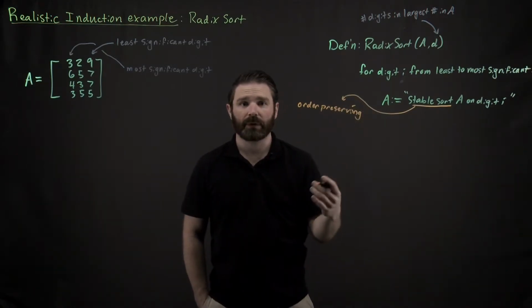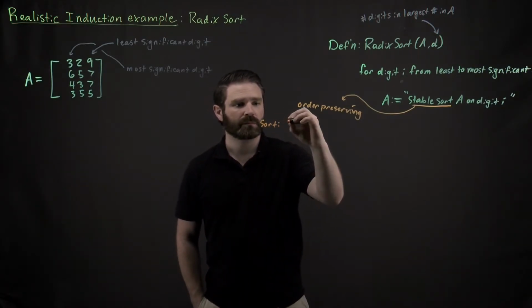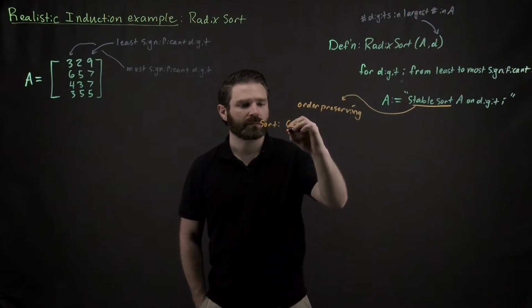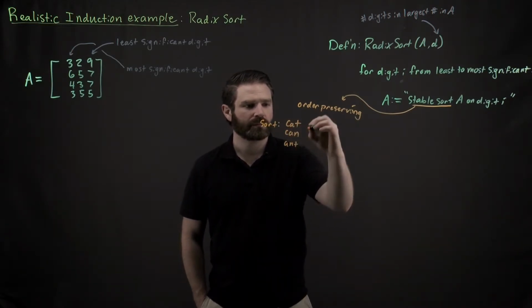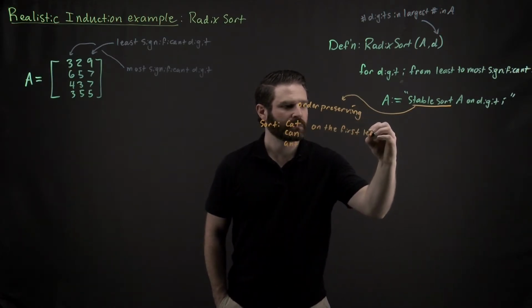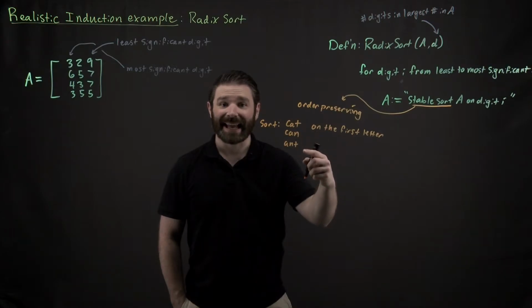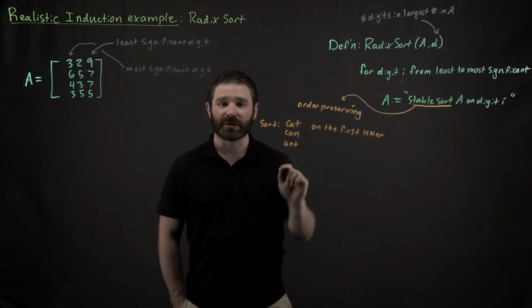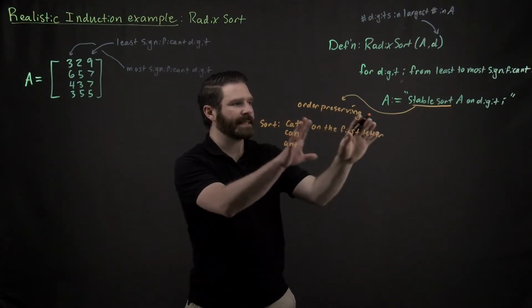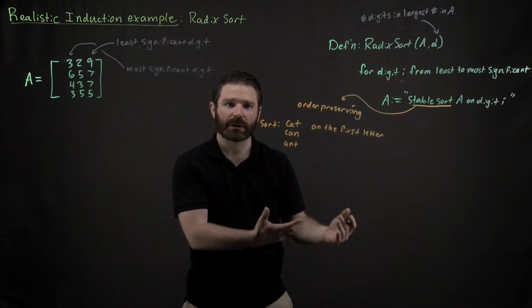So for example, if we wanted to sort cat, can, and ant on their very first letter, a stable sorting algorithm would return a result that looked like the following.